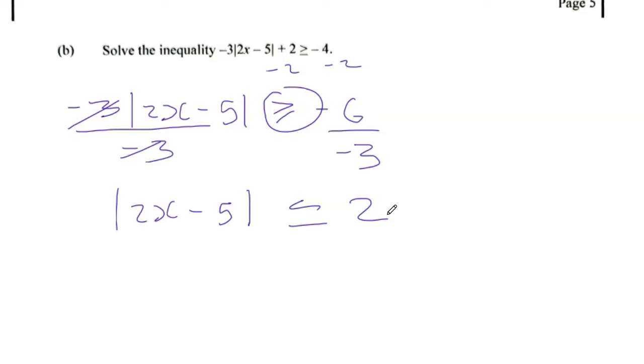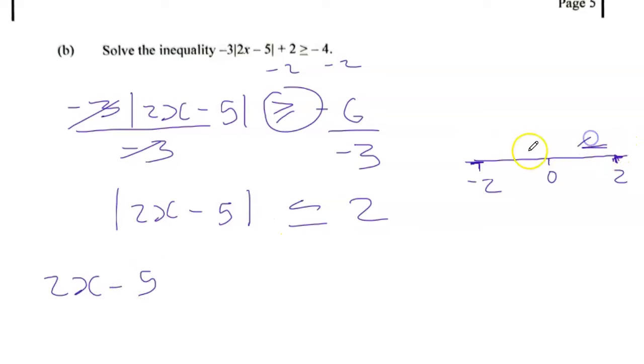Now, the modulus or the absolute value, remember the absolute value is just the distance of the value on the number line, the distance from 0, that is. So if this value is less than or equal to 2, then what it means is that the value 2x minus 5 will have to be less than 2.